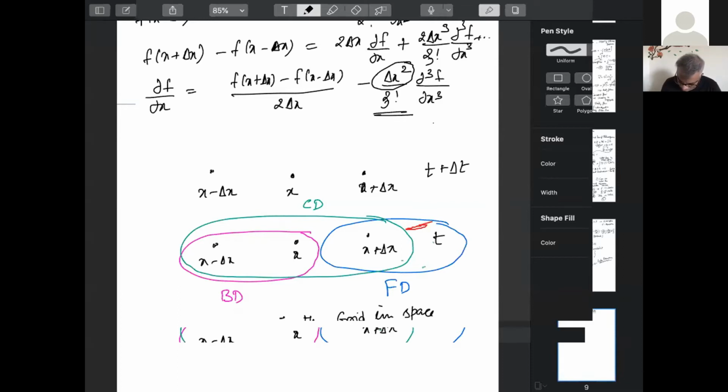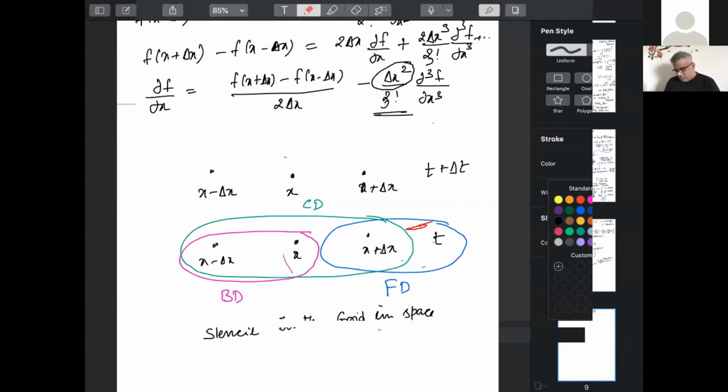Similarly, you can also take it in time. In the time derivative, you can take these 2 points. These 2 are not the same points. They are varying in time. So one is at t and the other is at t plus Δt. So my final stencil, if I am using forward in time and central in space, looks like this.